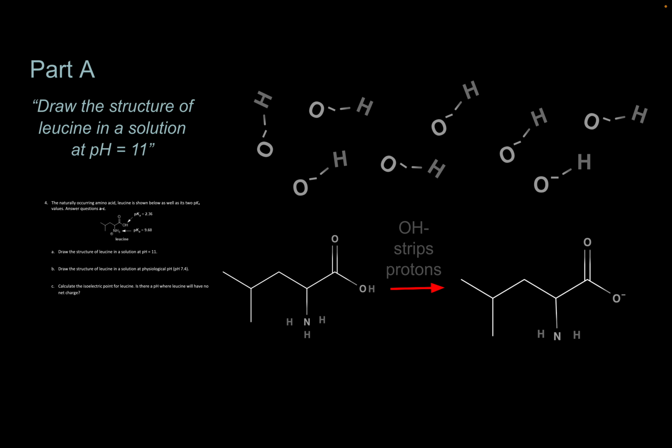So those free-floating OH ions are going to rip off the hydrogen on both the OH on the carboxylic acid and on this NH3 group here. It's going to rip off one of the protons. So what we're left with is the carboxylic acid that's deprotonated and the NH2 group that has no more protons on it, so it was deprotonated.